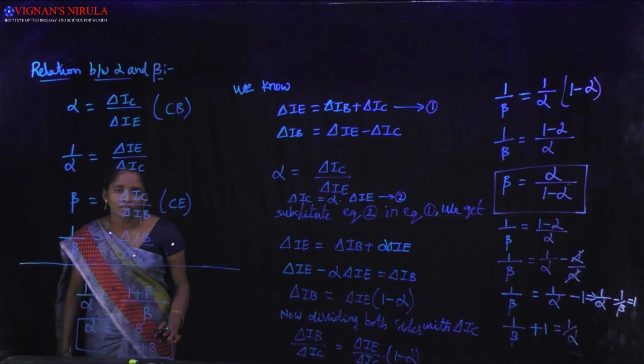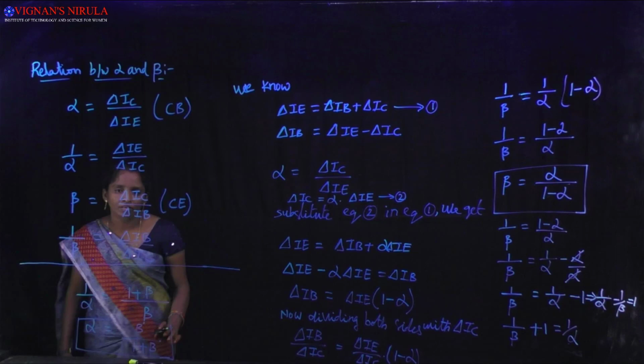Alpha is called the current amplification factor in common base configuration, and beta is called the current amplification factor in common emitter configuration. So the beta value is high and the alpha value is low.